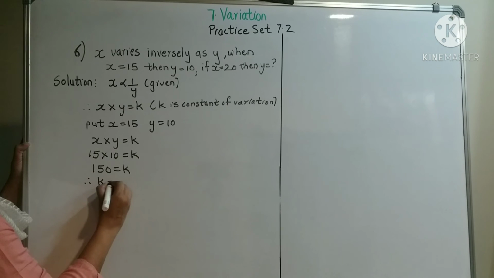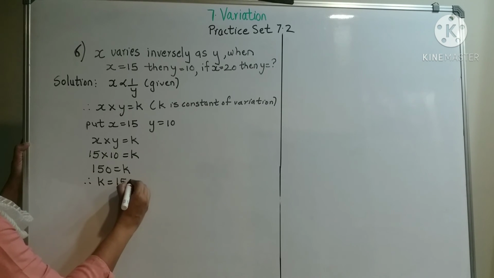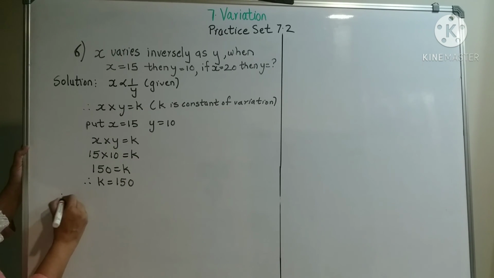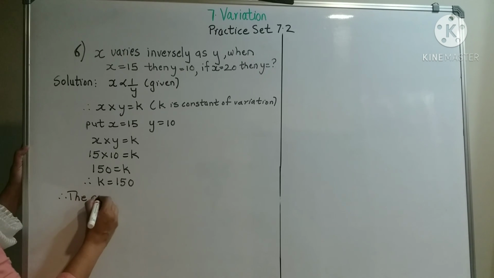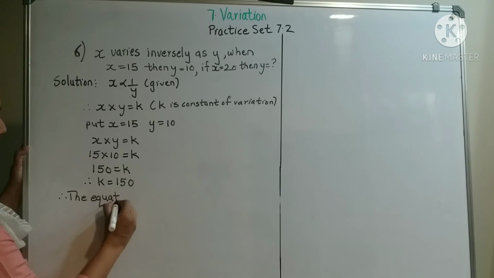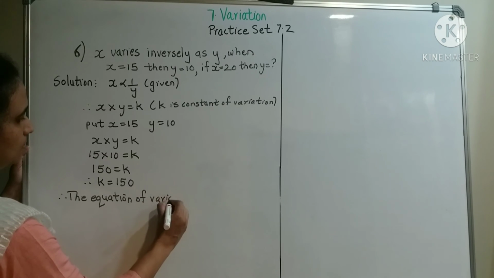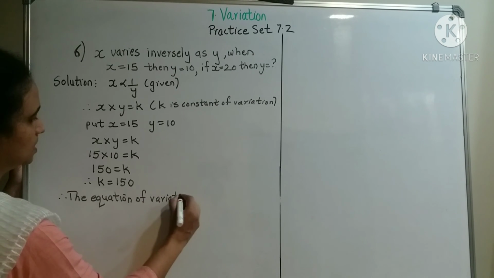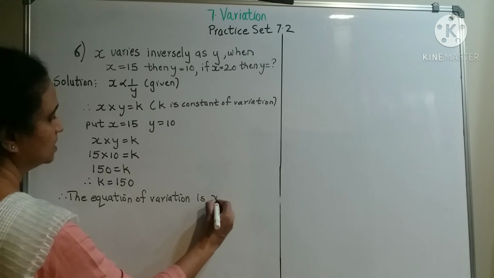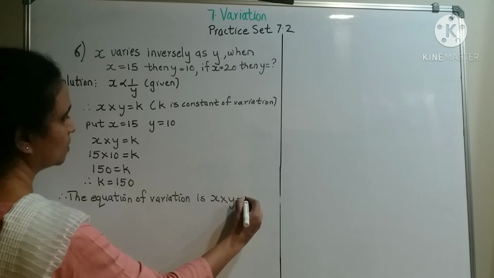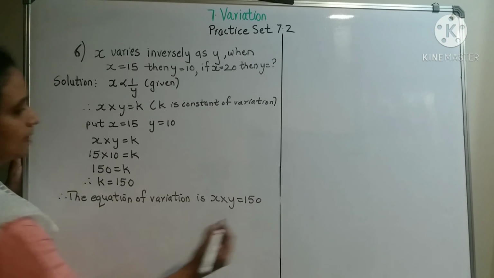Therefore, k is equal to 150. Therefore, the equation of variation is x into y is equal to 150.